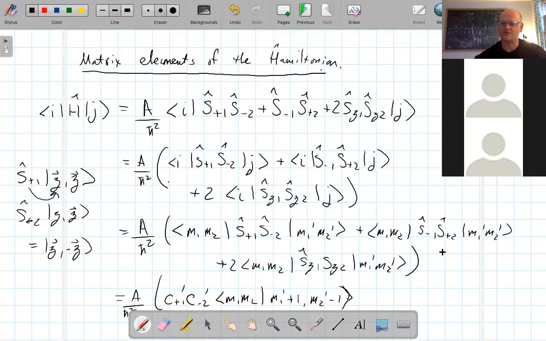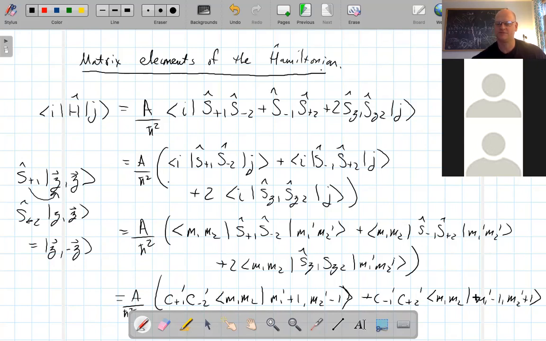Here, again, this one's going to act on the first one, which is going to lower it by 1. This is going to act onto the second one, which is going to increase it by 1. So here I'm going to get a plus C minus 1 prime, C plus 2 prime. Then I'm going to get the M1, M2 inner product with M1 prime minus 1, and then M2 prime plus 1.